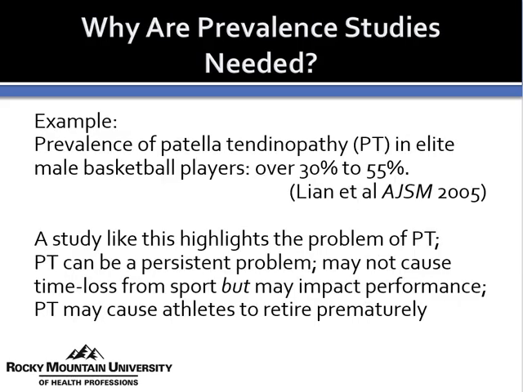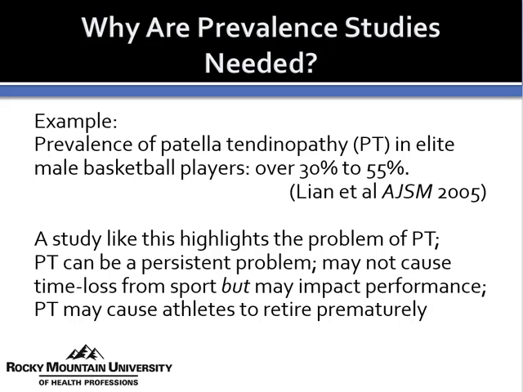So, here's an example looking at the prevalence of patellar tendinopathy, also known as jumper's knee, and one study by Leon et al. found that the prevalence was over 30%, upwards of 55% in male elite level basketball players. So what does a study like this tell us?